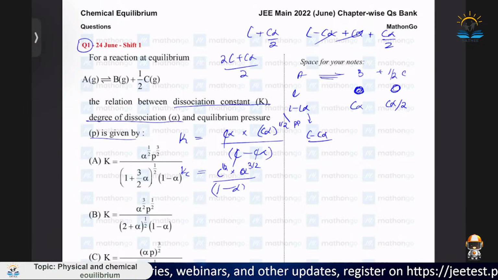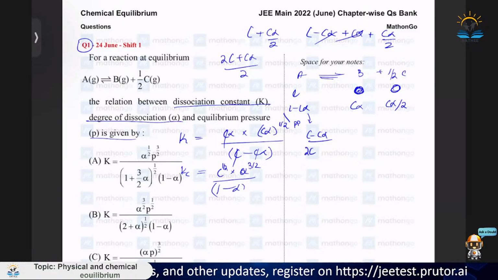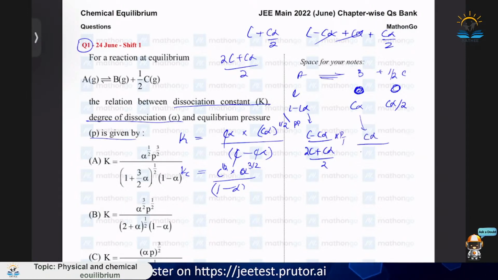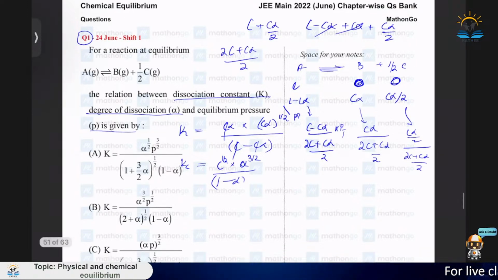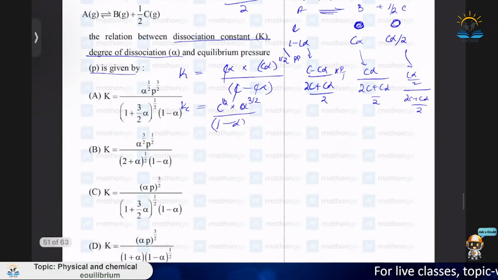So this is the partial pressure of A into PT, and then C alpha upon 2C plus C alpha by 2, and C alpha by 2 upon 2C plus C alpha by 2. This is your partial pressures.